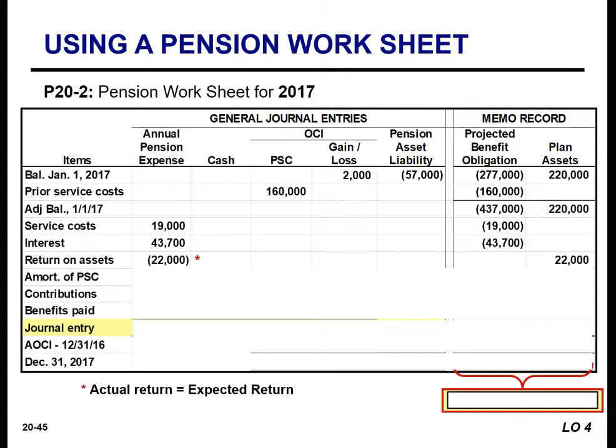Our actual return was the equivalent of our expected return. Remember, that was 10% that we were expecting, and we experienced that. We have amortization of our prior service costs of $54,400. We have contributions of $40,000, and benefits paid is $16,400.